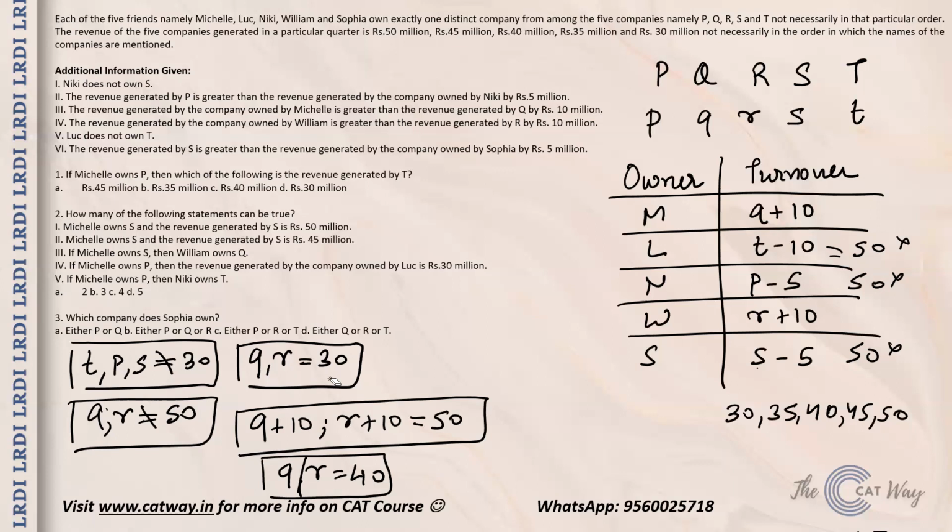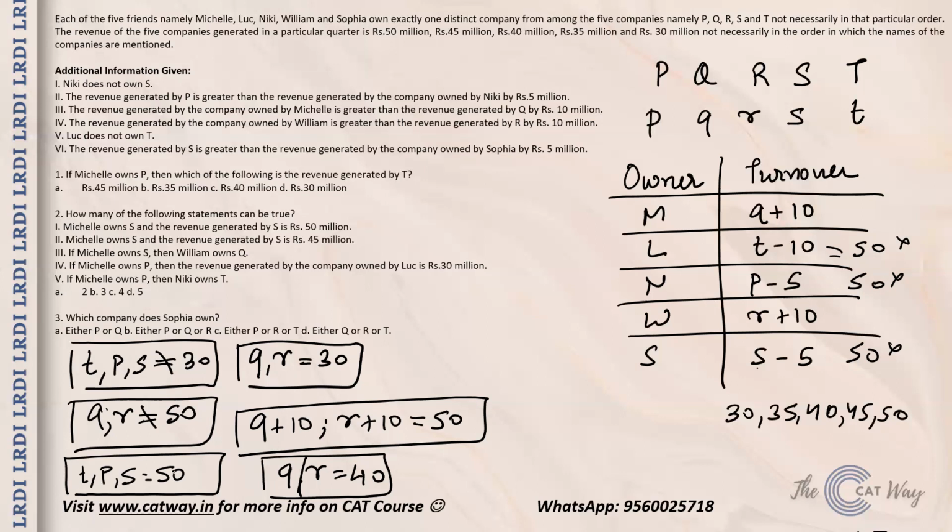And that makes one more thing clear, that one among t, p and s is going to be equal to 50, or they are going to be between 35, 45 and 50, somewhere in that ratio. Okay, so this is also done.